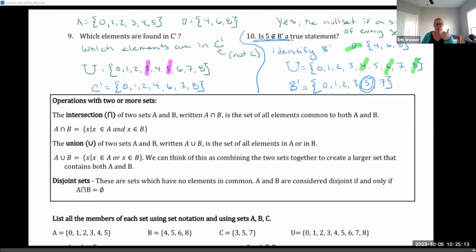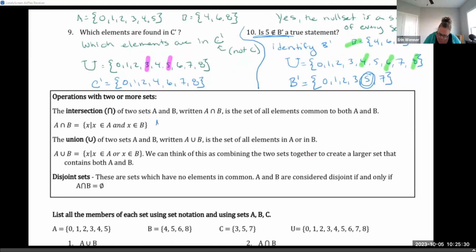We can have the intersection, which is where two sets overlap. And when I say overlap, it's the set of all elements that are common to both A and B. So again, it's where A and B overlap.